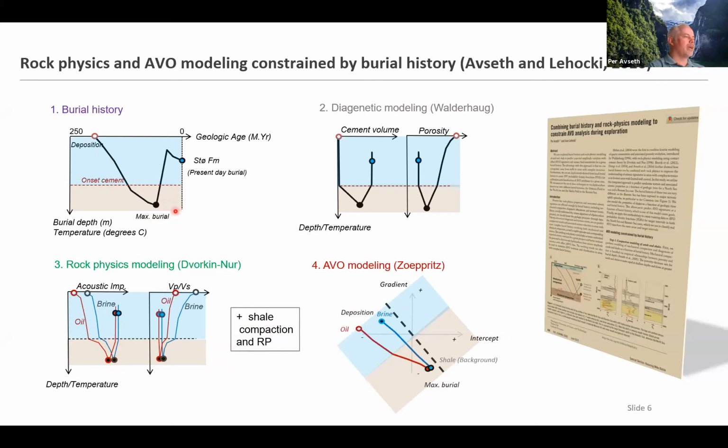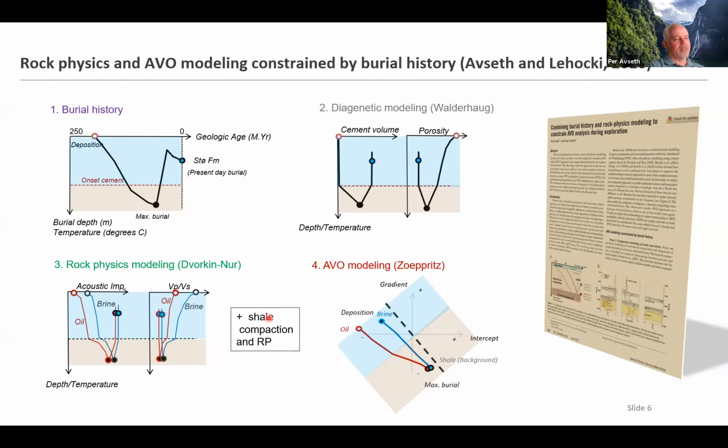We can also model how the shale is experiencing this burial history. It's a little bit more complicated to do that with physical models. Very often we have enough wells to quantify the shale compaction trends empirically from well logs, because maybe 70–80% of the subsurface are shales. So it's easier to do the shales data-driven, where for the sands, especially if you have few wells, we really need to go model-driven for the sandstones.